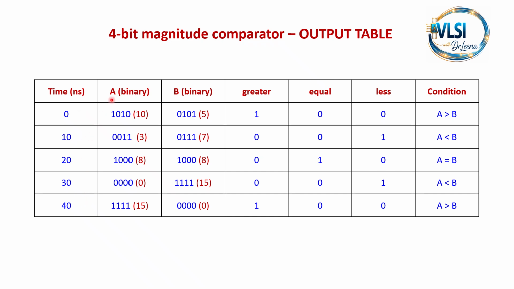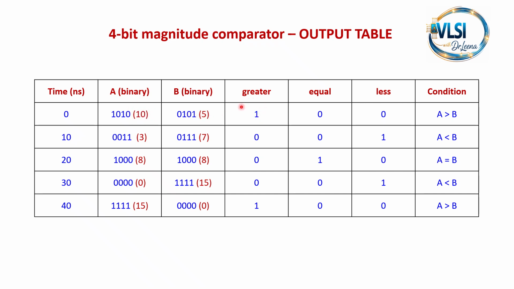And we are taking the first 4-bit input A, and next 4-bit input B, and then whether it is greater than, equal to or less than, and what is the condition of it. So first you see here we have given the value of 10 for the input A and value 5 for the input B. So here A is greater than B.